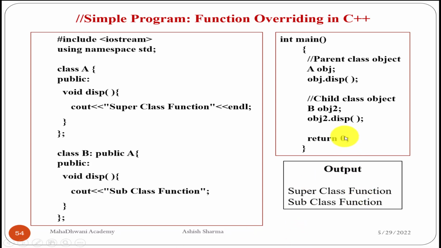With the help of object 2, it will not execute the class A disp, because whenever we create object 2 and call the disp function, it will directly come to class B, and when it finds the definition in class B, it will never execute the class A disp function. Because it finds it in class B, it will directly execute the class B member function.